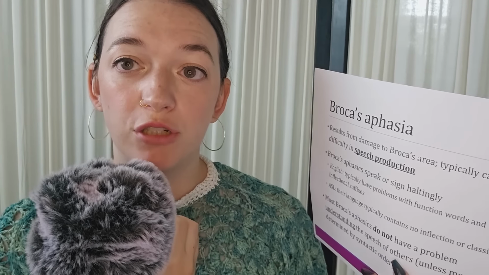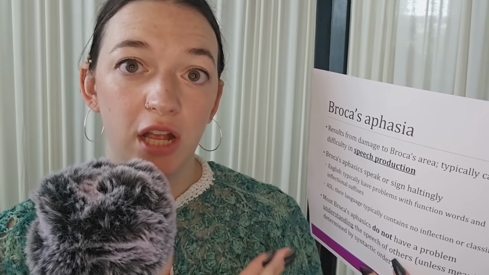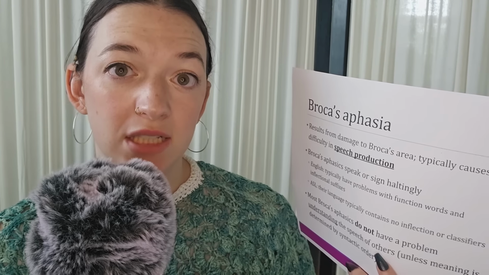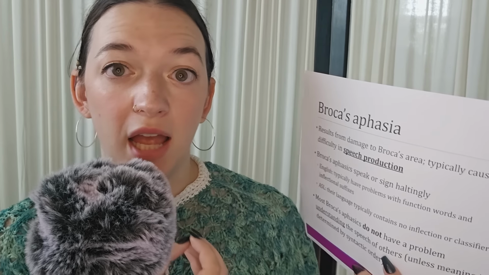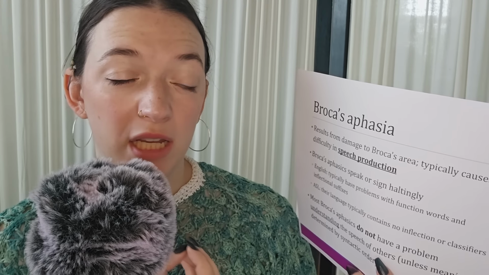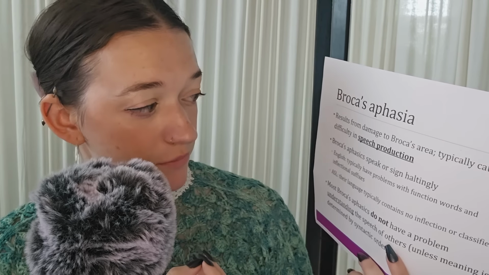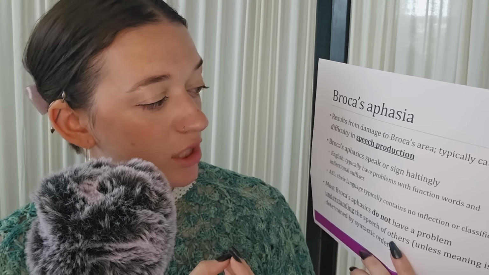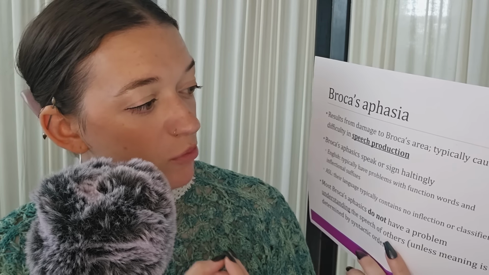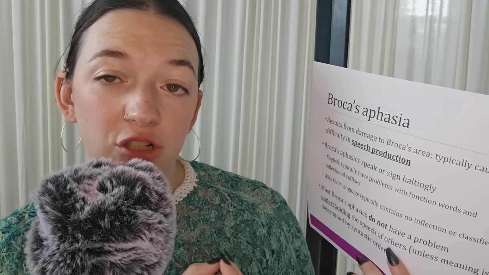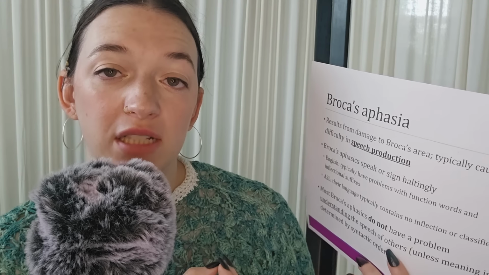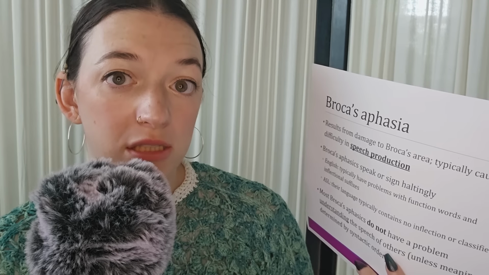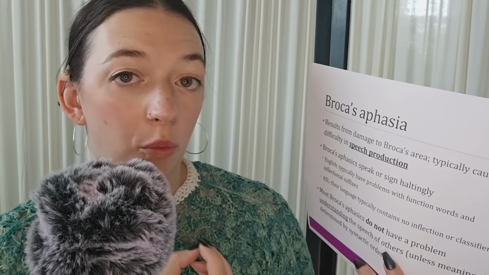They do not produce fluid speech. There are lots of pauses, lots of ums and uhs in between each of their words. For English speakers, those with Broca's aphasia typically have problems with function words and inflectional suffixes. So things like saying he walks instead of he walk.